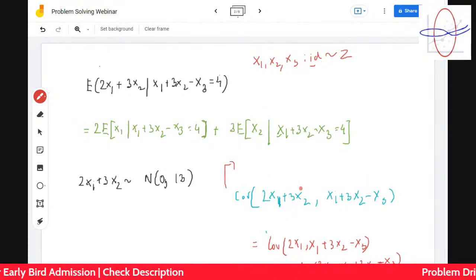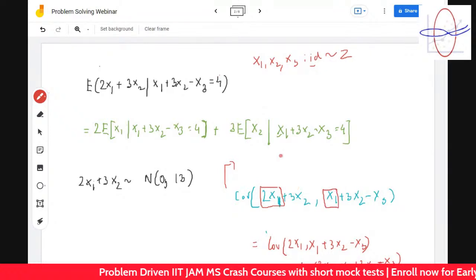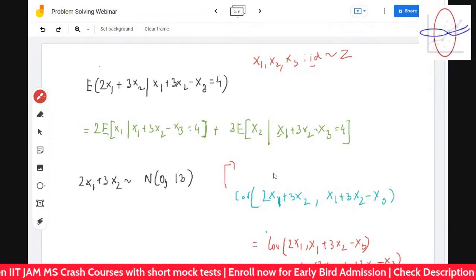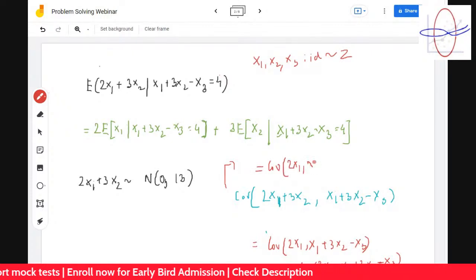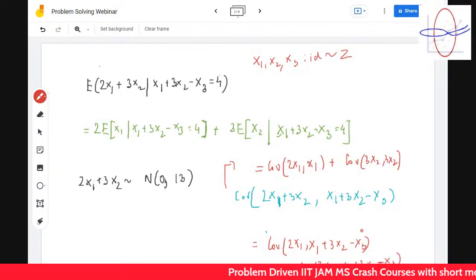So x1 with any other x2 or x3 will always be 0. Therefore, the non-zero terms will be this and this one. So it will turn out to be covariance of 2x1 comma x1 plus covariance of 3x2 comma 3x2, right? So other terms will be 0.